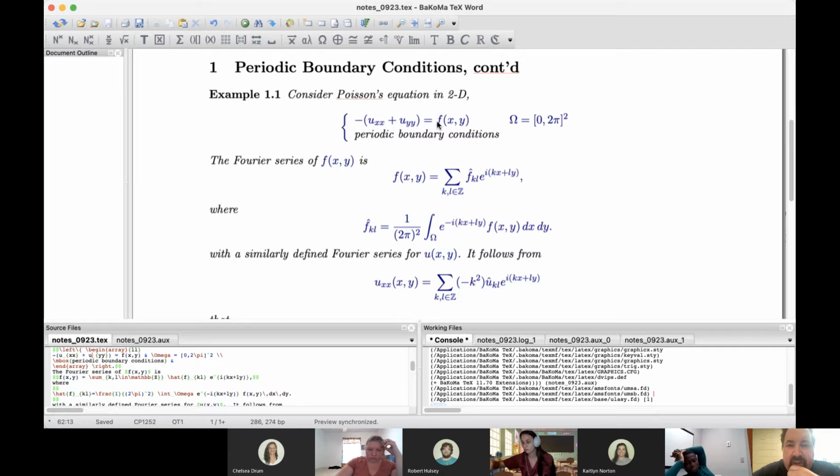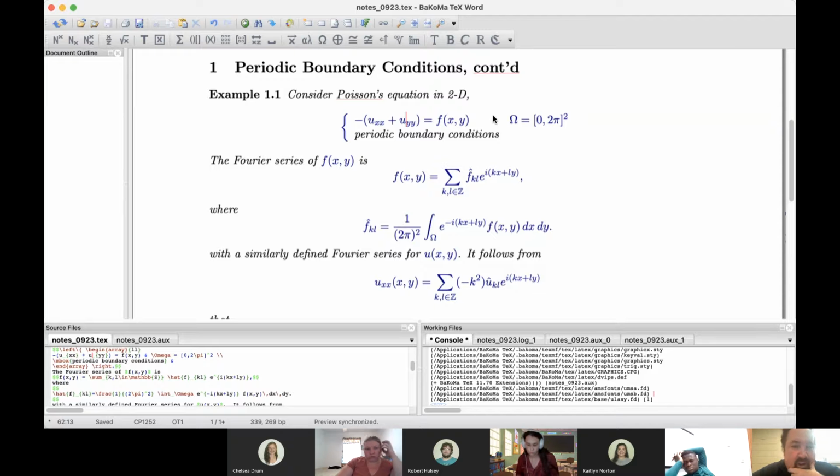But if f has a constant term, then that's a problem. And the reason why is, suppose I have a constant term. I need a function whose Laplacian is equal to a constant. Well, a function like that is not going to satisfy boundary conditions. It's not going to be 2-pi periodic.